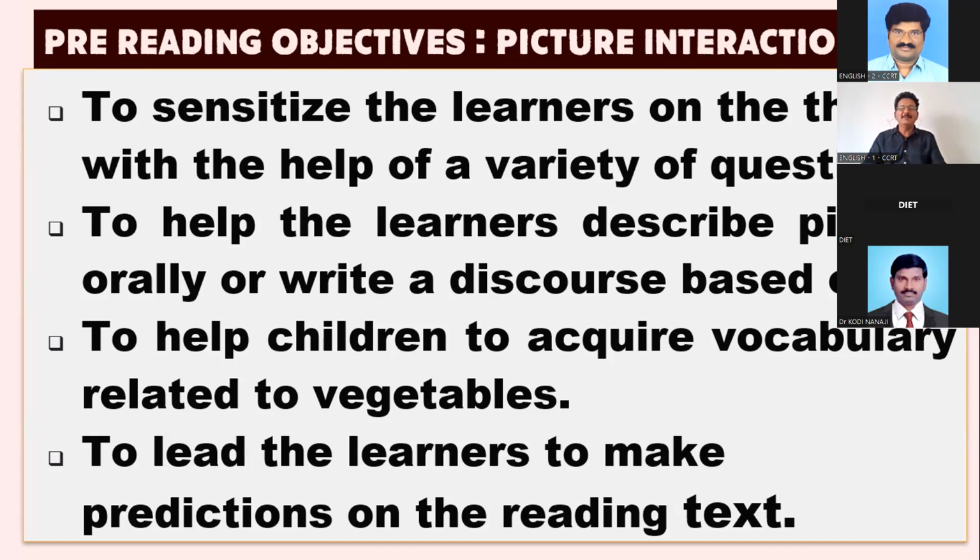The third important objective is to help children acquire vocabulary related to vegetables, and they have to find out certain actions. The fourth is to lead the learners to make predictions about the reading text. And finally, they should be in a position to construct an oral or a written discourse.